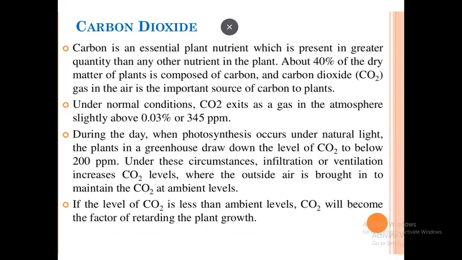If the concentration of CO2 within the structure is higher, there will be more metabolism in the plant tissues, and during the photosynthesis reaction there is more production of carbohydrates, because CO2 is needed in the photosynthesis reaction. That is why it is desired to enrich the CO2 concentration within the greenhouse structure.